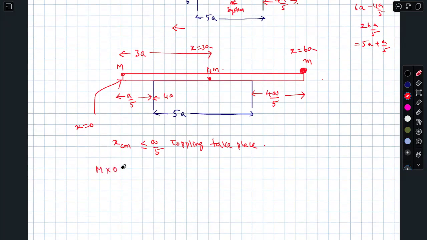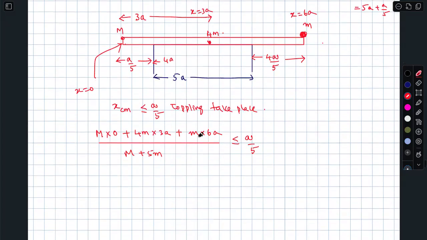Capital M times 0 plus 4m times 3a plus m times 6a, divided by capital M plus 5 small m, is less than or equal to a/5.